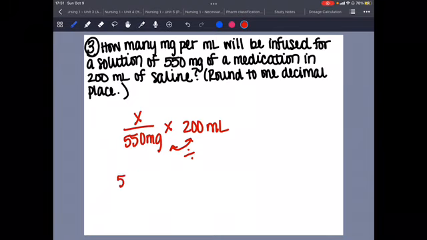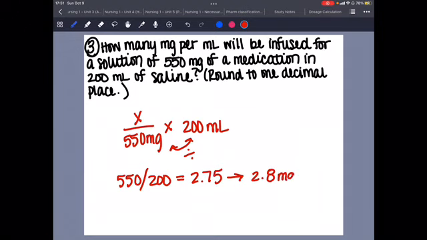Going to divide those two. So 550 divided by 200, get 2.75. Going to round up, you get 2.8 milligrams. And that should be your final answer.